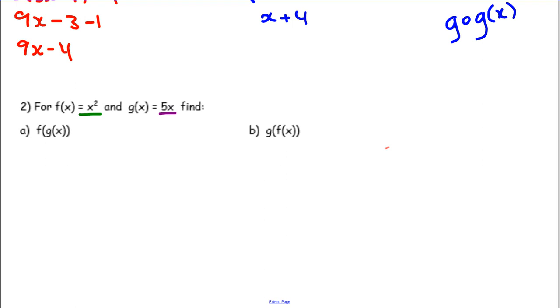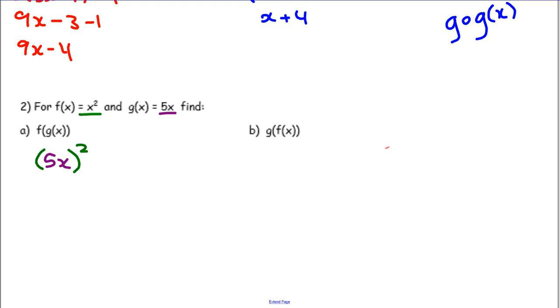So overall, it's x squared, but this entire x is being replaced with 5x. So I'm going to put 5x and then pop it in a bracket and square it. So see, my overall one's green, and I've subbed in purple.